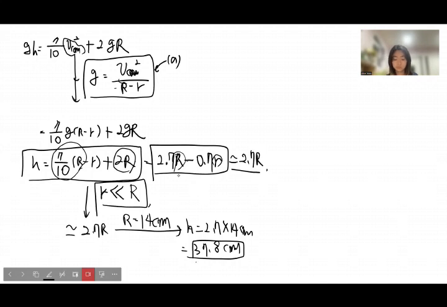Okay. And B, question B, slightly modifies the condition. The straight section h is already given, 6R. Now you have to find the force exerted on the ball. Let's take a look at the problem again.